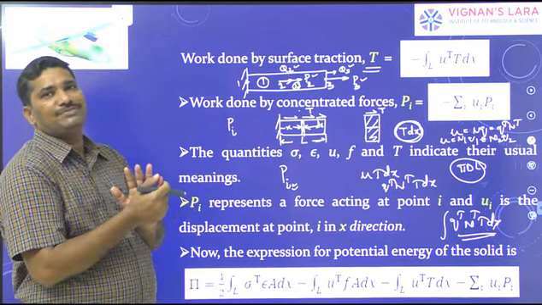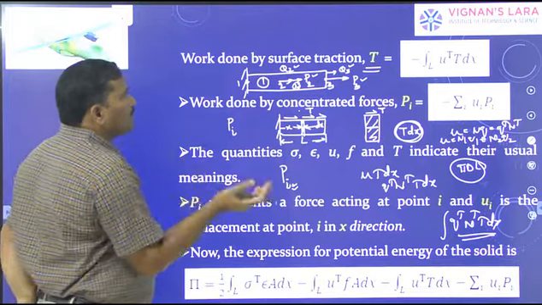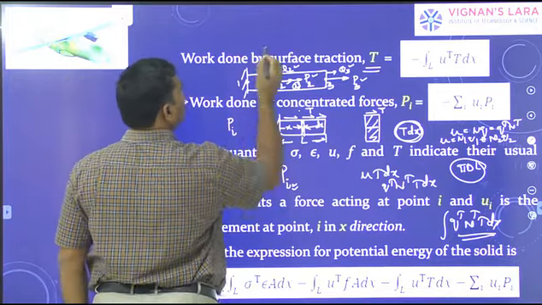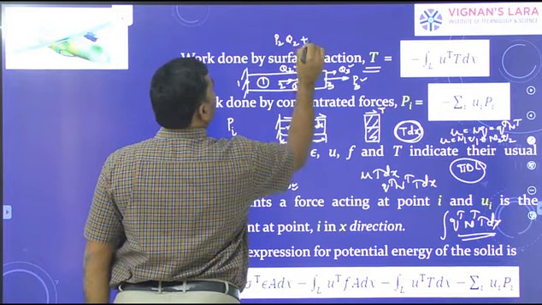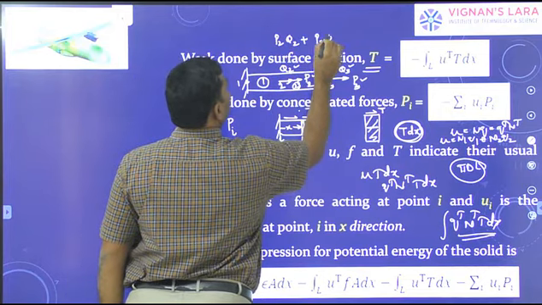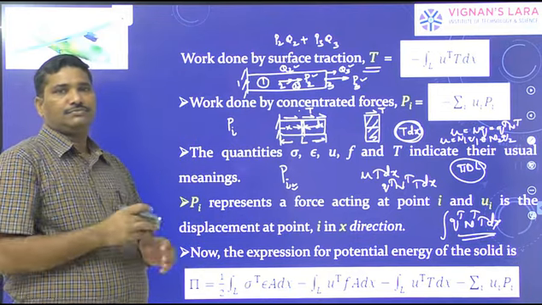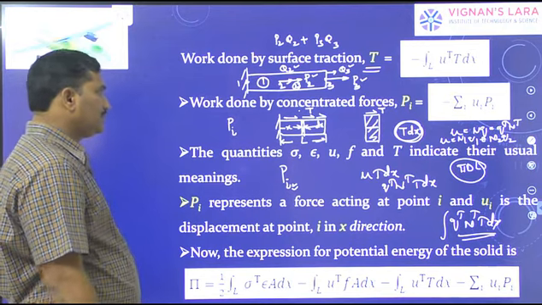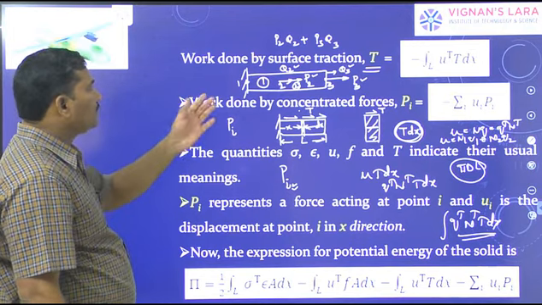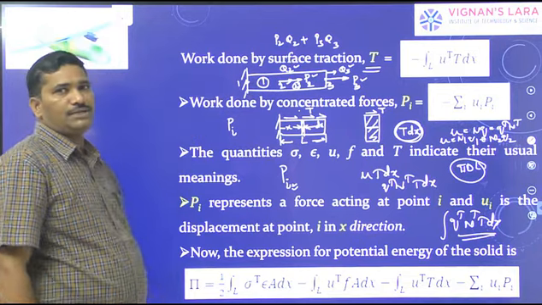Then you sum up, simply. Then the work done by the concentrated forces P2 and P3 is simply P2 into Q2 plus P3 into Q3. Understand? P2 into Q2 plus P3 into Q3.